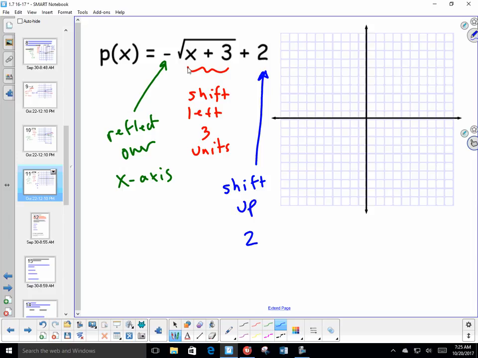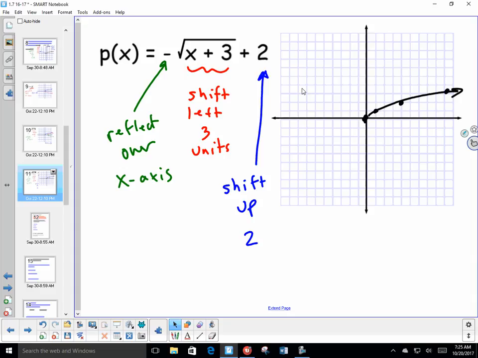So our parent function, let's say, is here, (4, 2), (9, 3), and so I plot that, and then I want this graph to be shifted to the left 3, and I want it reflected over the x-axis, and then shifted up 2.